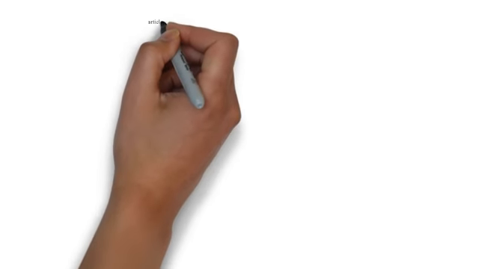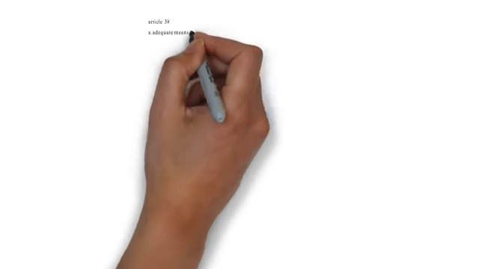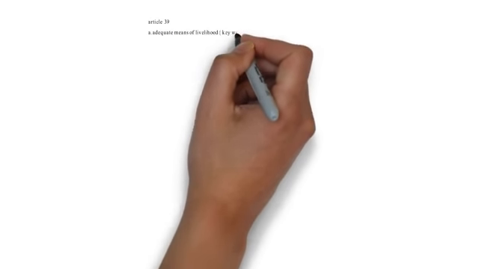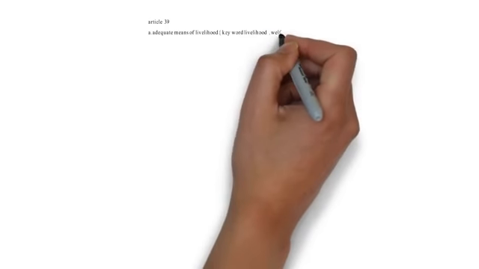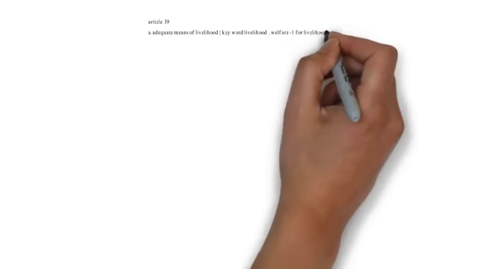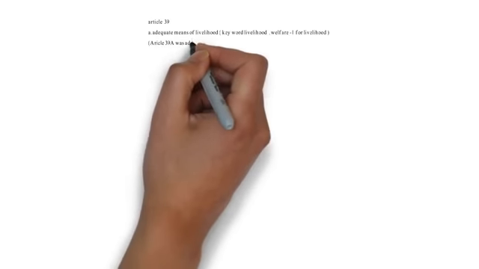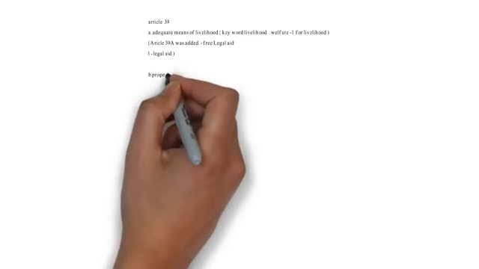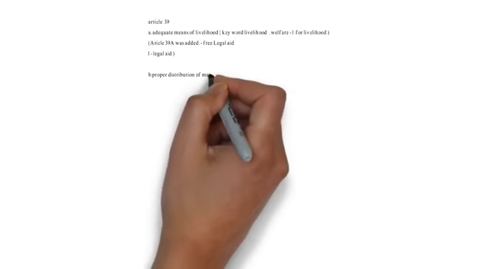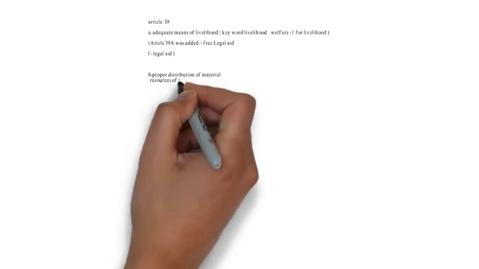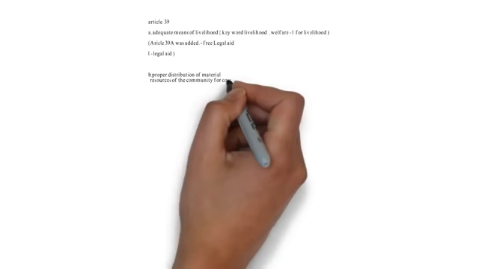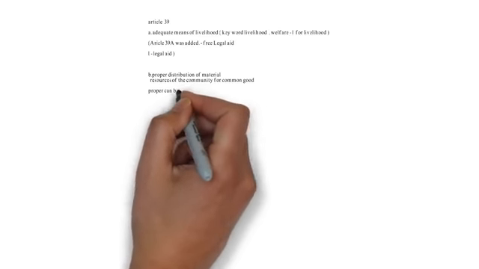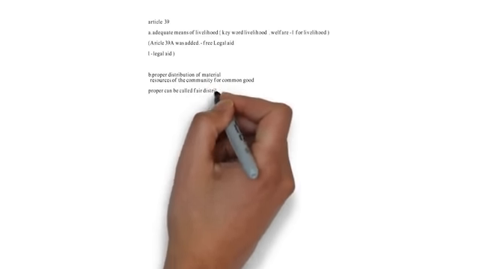Moving ahead, Article 39. The first provision in Article 39 is adequate means of livelihood. Here the keyword is livelihood, and in the word welfare, L will stand for livelihood. Again, one very important thing: after the 42nd Amendment, Article 39A, with capital letter A, was added, and it provided free legal aid.